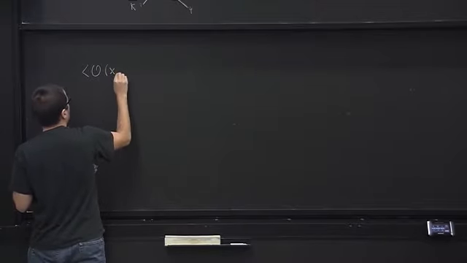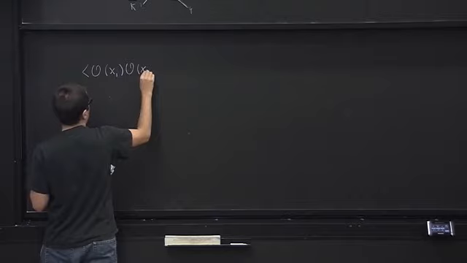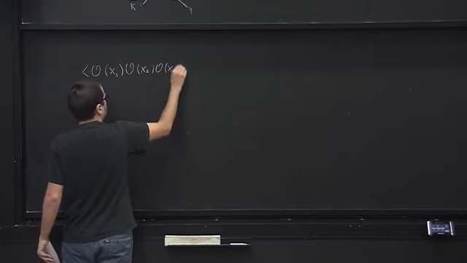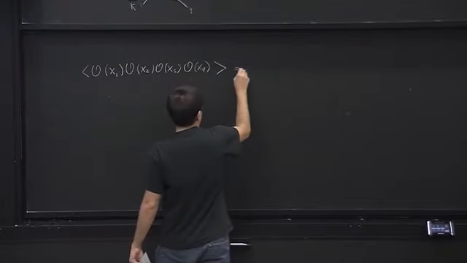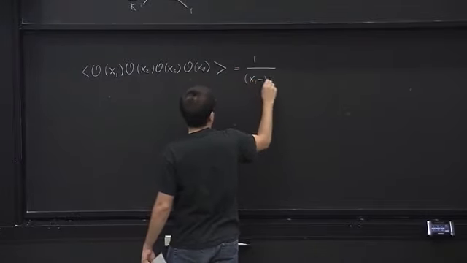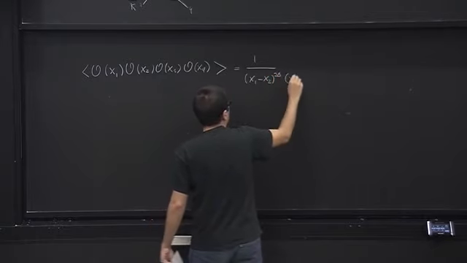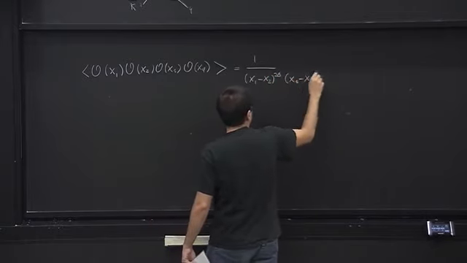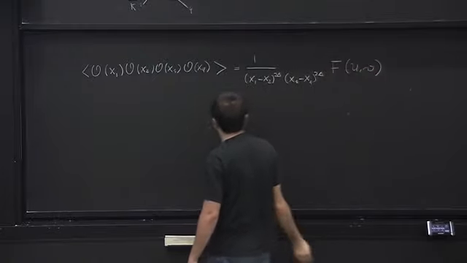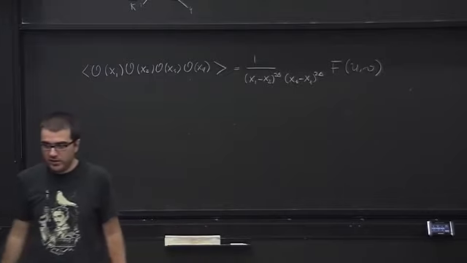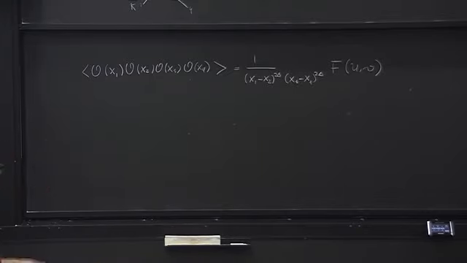Then we know that O at x1, O at x2, O at x3, O at x4 should be equal to 1 over x1 minus x2 to the power 2 delta, x3 minus x4 to the power 2 delta, times some function that we said only depends on 2 cross ratios u and v. So it is not very smart to work with 4 vectors. You are working with 4 vectors with like 16 variables, right? x1 mu, x2 mu, x3 mu, when in fact it only depends on 2 variables.